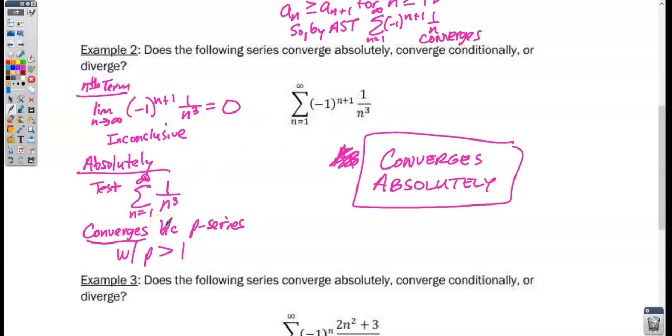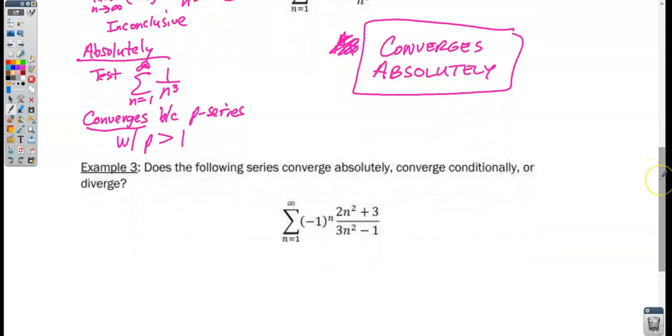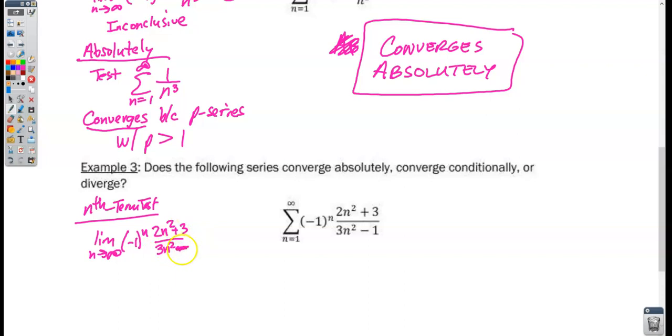All right, example 3. Does the following series converge absolutely, converge conditionally, or diverge? We start with the nth term test. Limit as n goes to infinity of negative 1 to the n, 2n squared plus 3 over 3n squared minus 1.